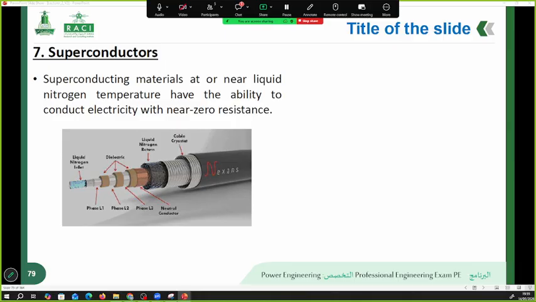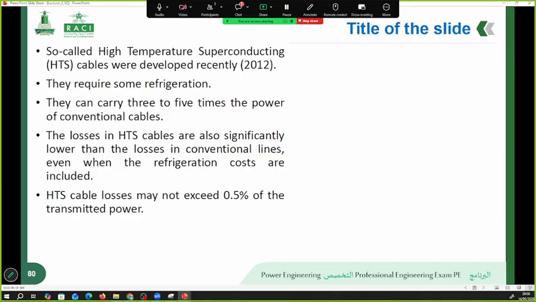Based on the information provided in this slide, here is a detailed explanation of high temperature superconducting cables for you. HTS cables represent a significant advantage in electrical power transmission.